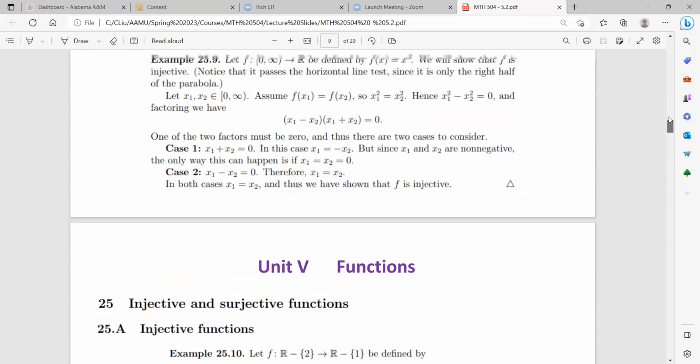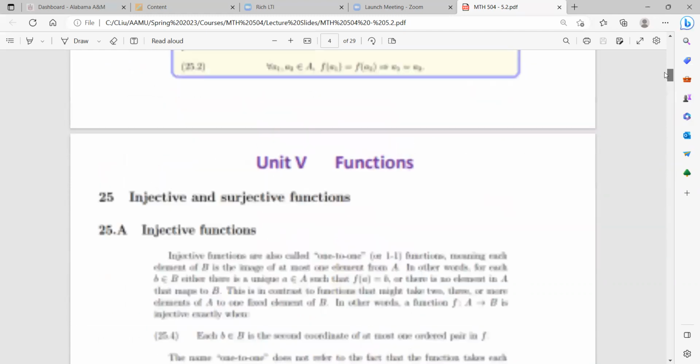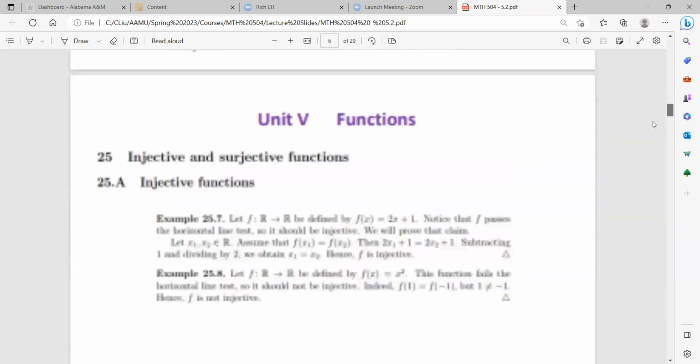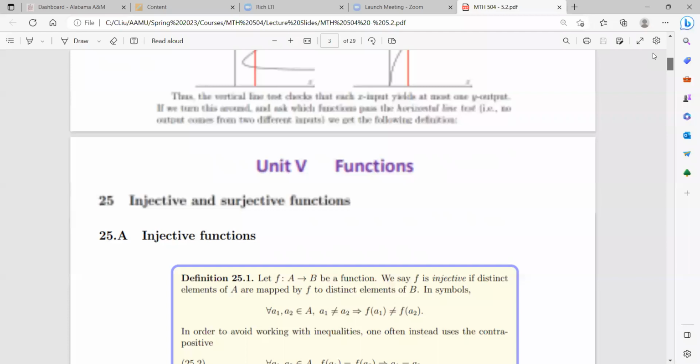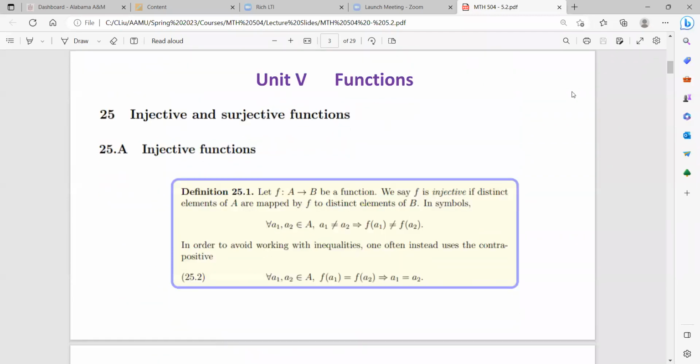But we just did some examples on how to prove the function is one-to-one or injective. This is the thing that you should learn. You can do it in different ways. Usually you're going to assume the two function values are the same and then prove the two x values have to be the same.